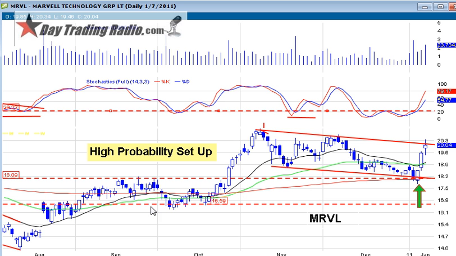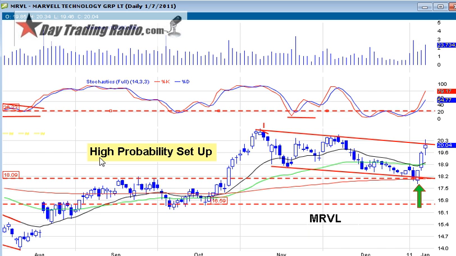So when you see what we call multiple, these two terms are interchangeable: high probability setup and multiple indicator setup. Now, a high probability setup is one with multiple indicators. The more indicators that line up, the better the probability of the setup, hence the high probability setup.